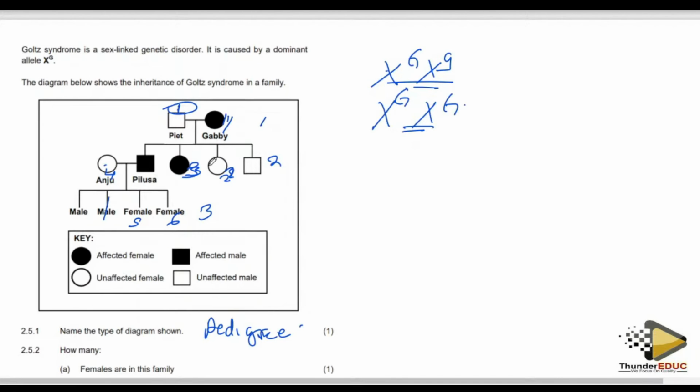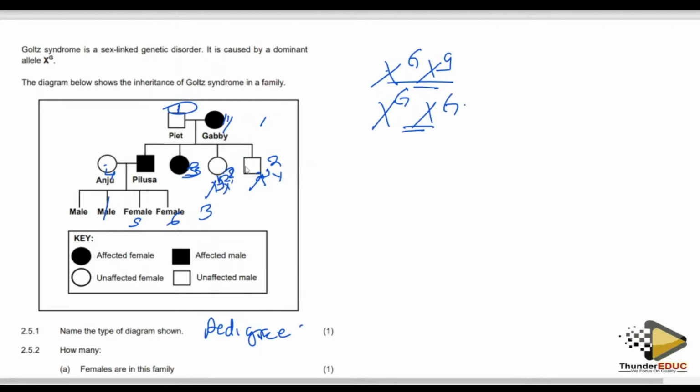Now you look at the babies. Is there any baby who is normal, without the condition? Yes. And remember, this is the recessive allele. So this is a male with small g, capital Y, and this is a female, small g, small g.